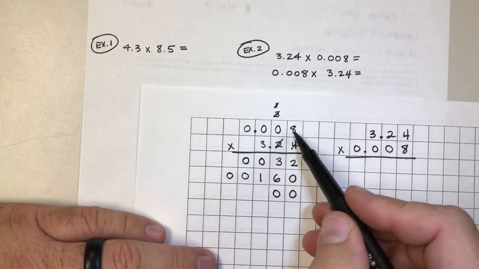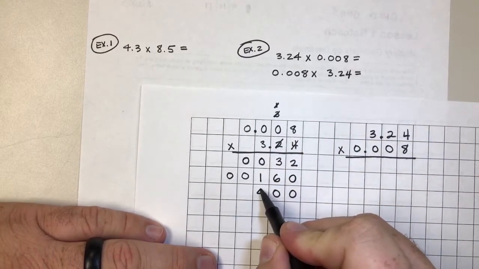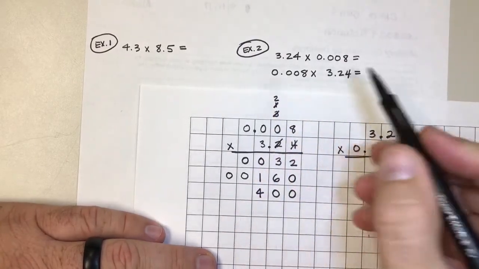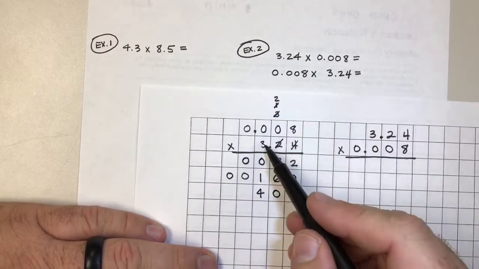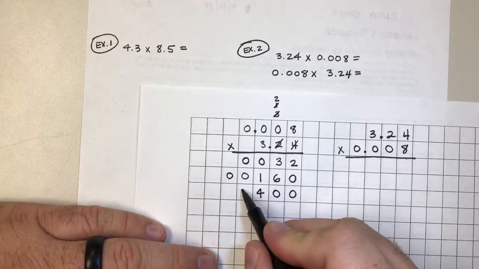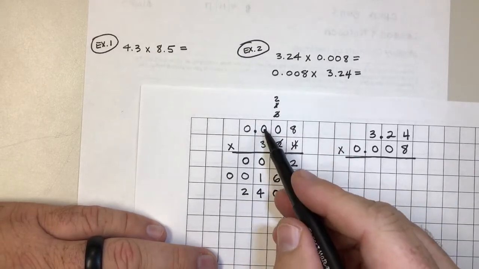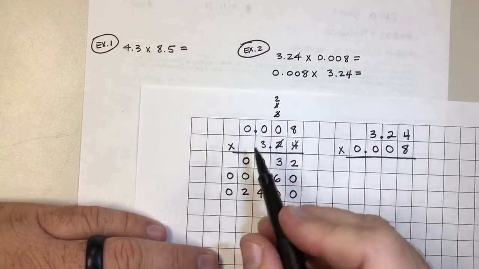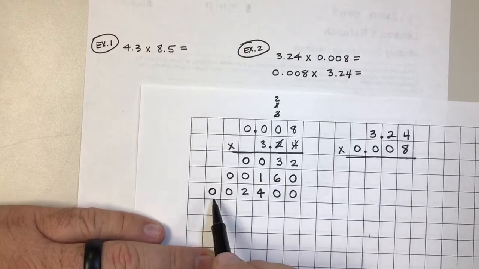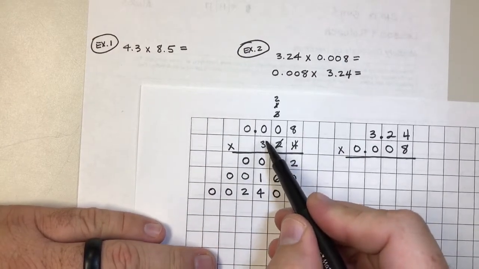So here we go. 3 times 8 is 24. 3 times 0 is 0, plus 2 is 2. 3 times 0 is 0, and 3 times 0 is 0. We're finished now with that.